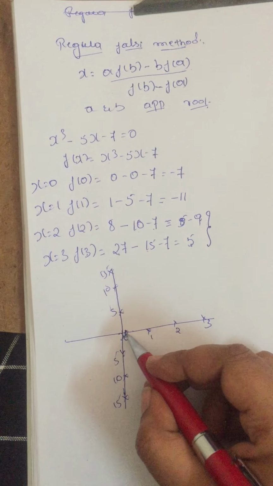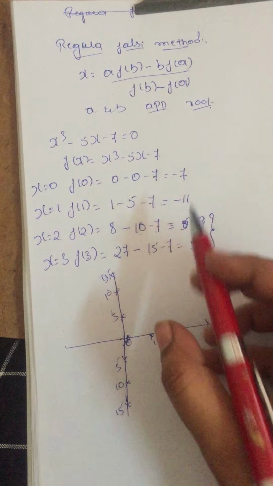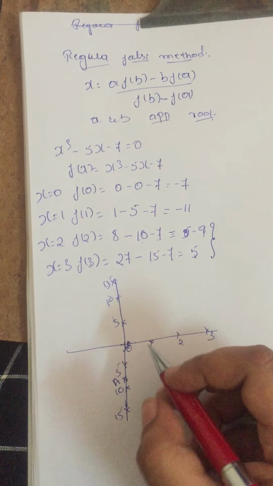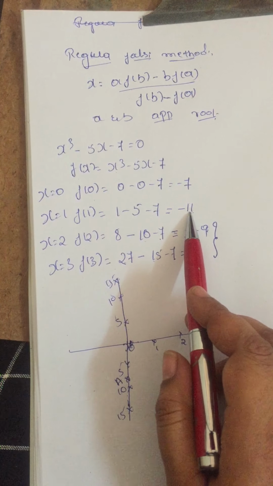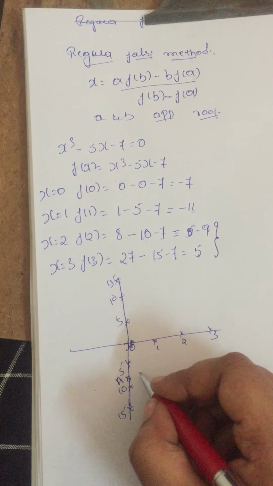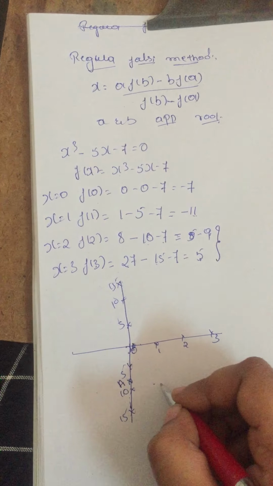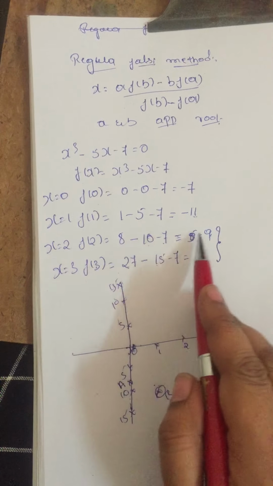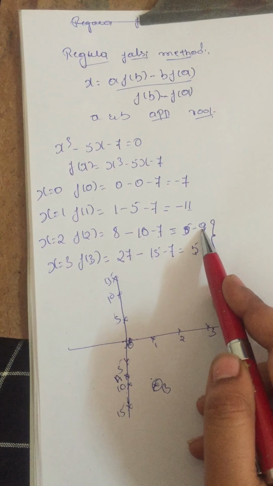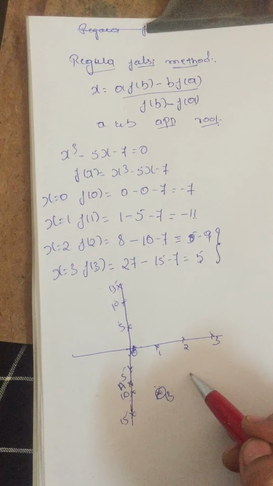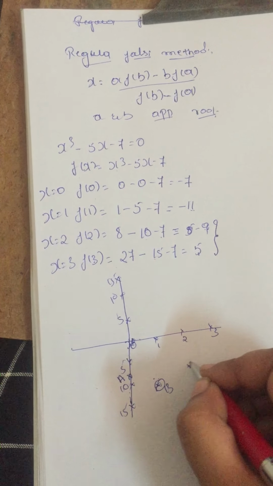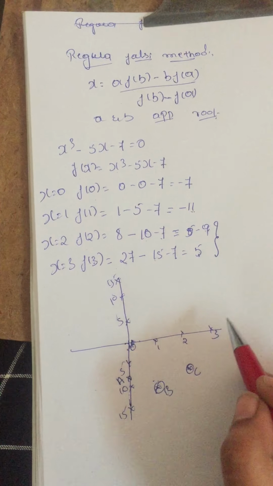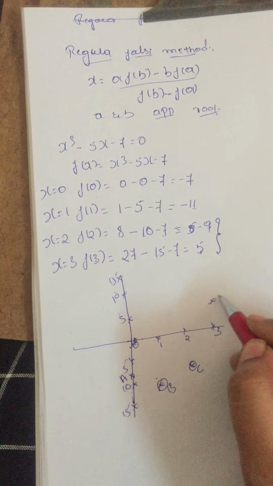Take x is equal to 0, corresponding y value minus 7, this is point a. x is equal to 1, corresponding y value minus 11, this is point b. x is equal to 2, corresponding y value minus 9, this is c. x is equal to 3, corresponding y value 5, this is d.